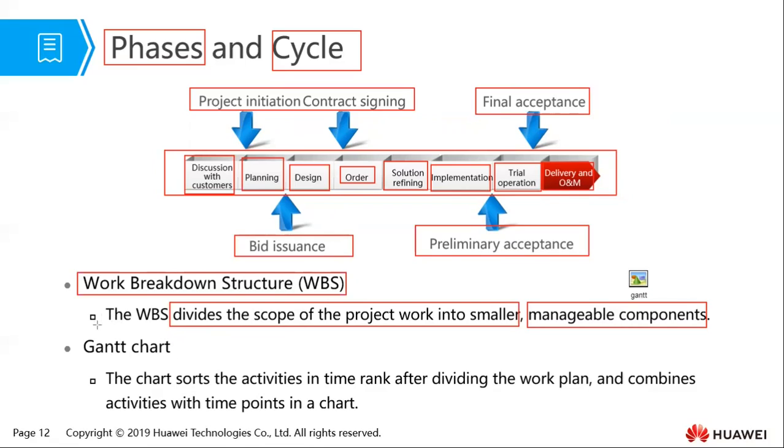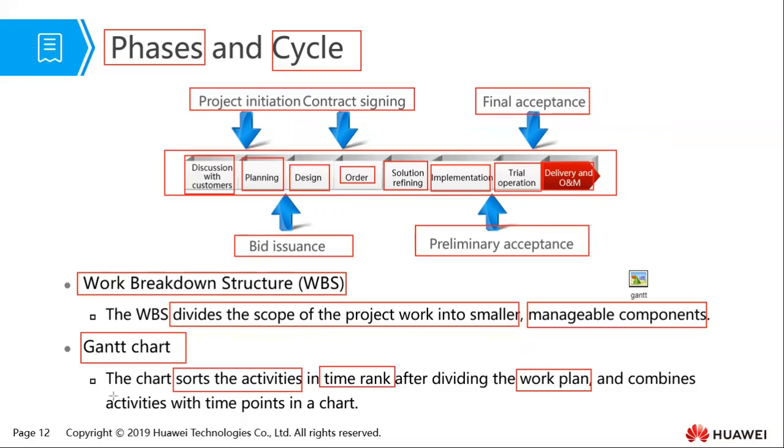Now, normally, this goes hand in hand with a tool called the Gantt chart. The Gantt chart actually sorts the activities in time rank. So after we come up with the work breakdown structure, we can now put times to it. This one is going to start here and end here, followed by this one here and end here.